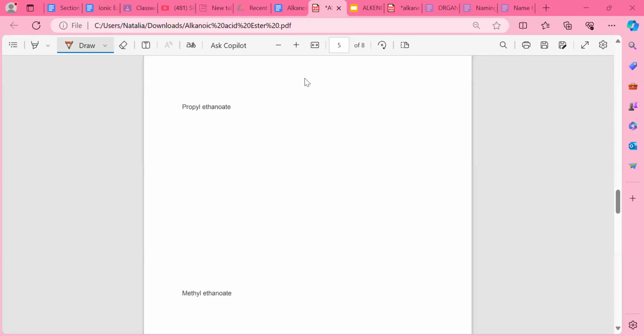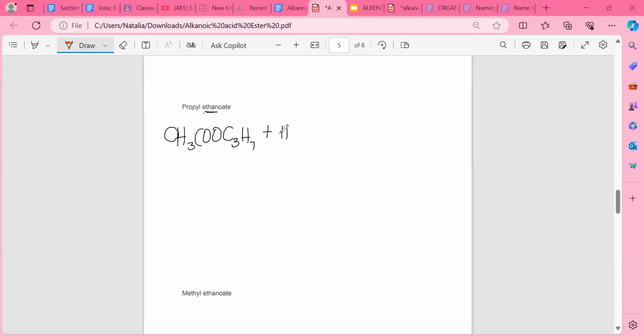So in this reaction, we're going to acid hydrolyze propyl ethanoate. So we're going to do the molecular formula first. The ethanoate comes first, which is CH3COOH, but to form the acid, the OH went, so we're not going to put that. And then we have O from the propanol, and propanol is C3H7.